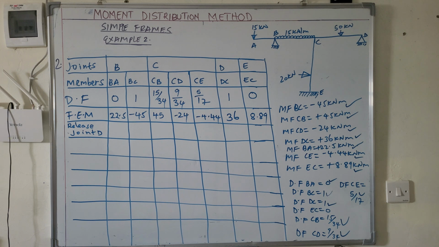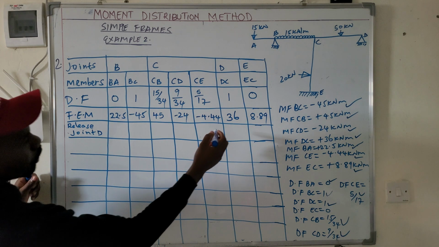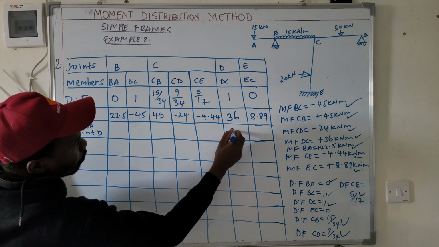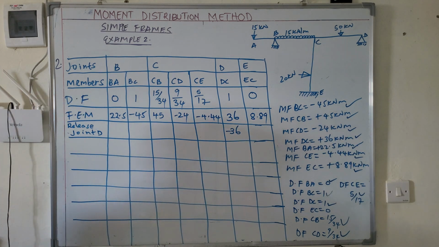So we release by negative 36, such that if you add these two, it gives you 0.